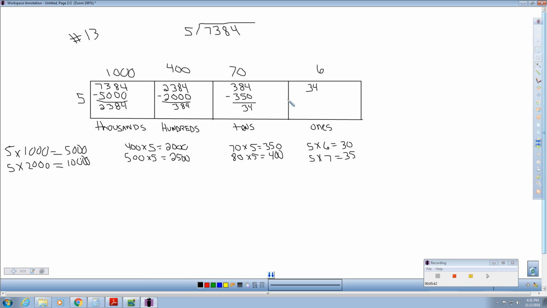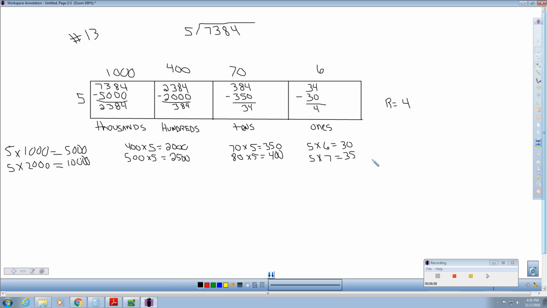And I know that 6 times 5 is 30. Alright, and when I subtract the two, 34 minus 30 is 4. I don't have another box over here because I can't go past the 1s right now. So this is called a remainder, and we write the remainder as remainder is 4.